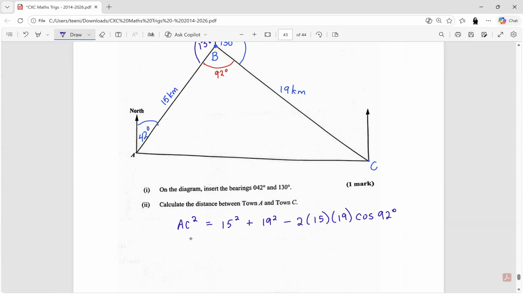All right. And now on our calculators, we simplify this. 15 squared plus 19 squared. I just typed that in, 15 squared plus 19 squared.